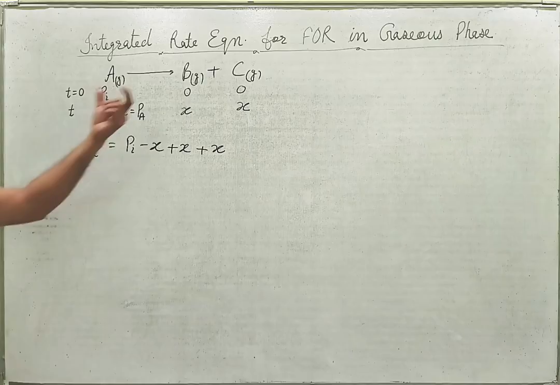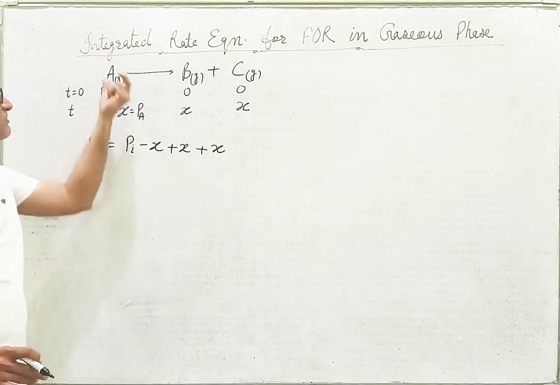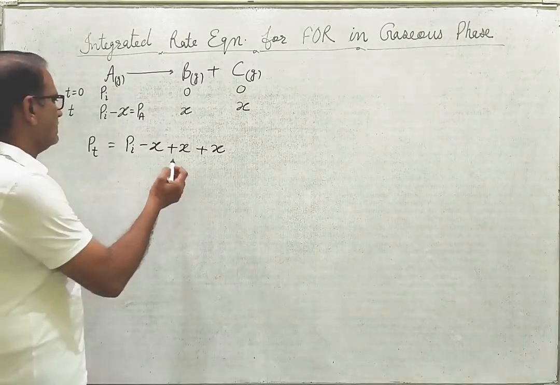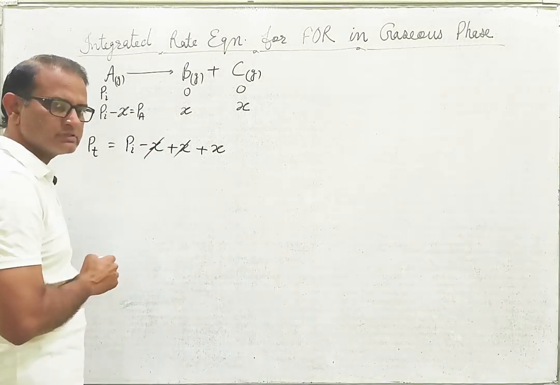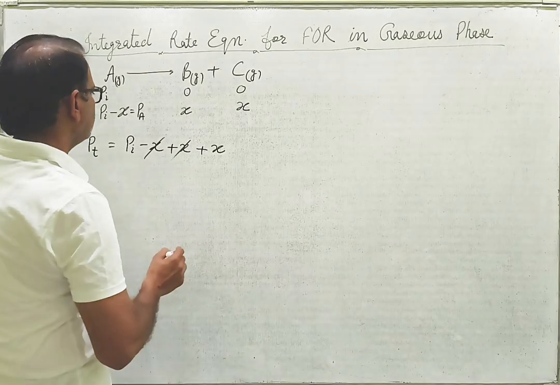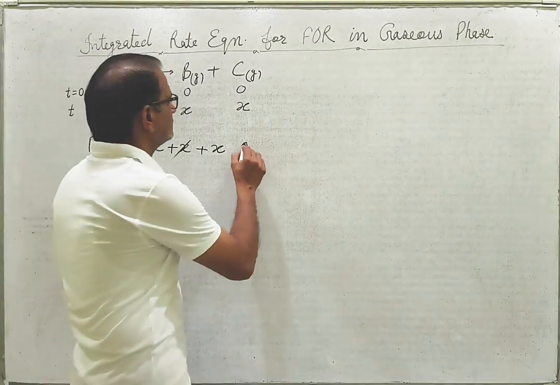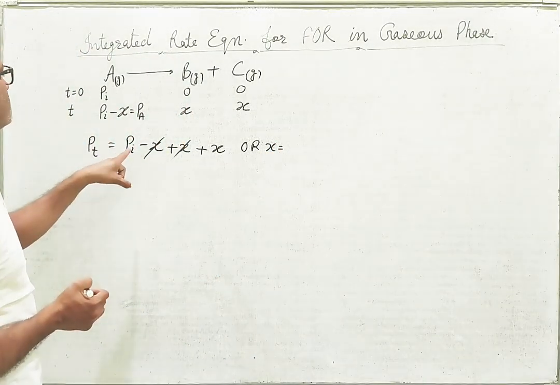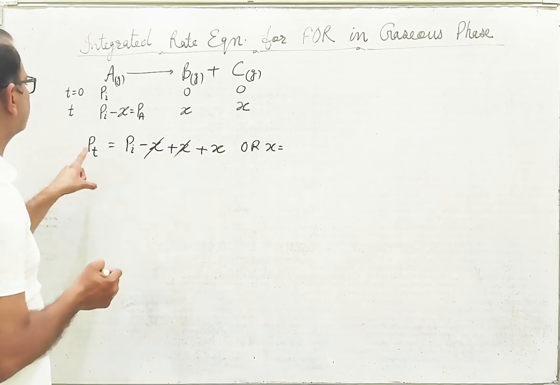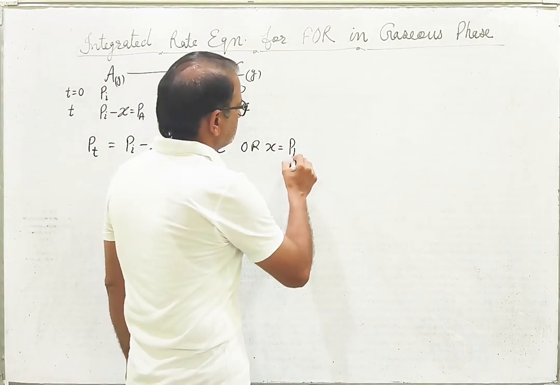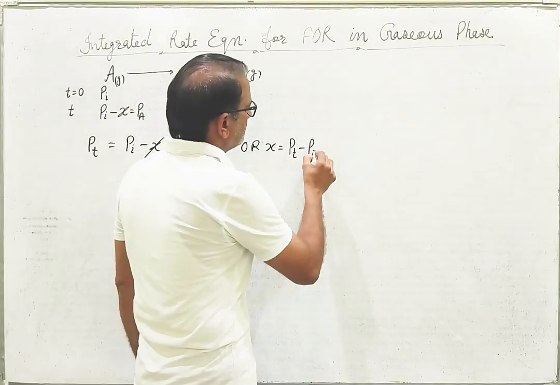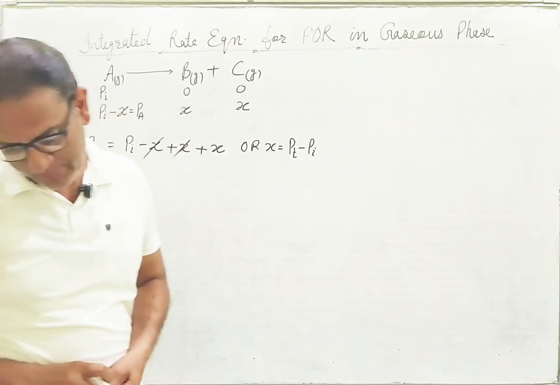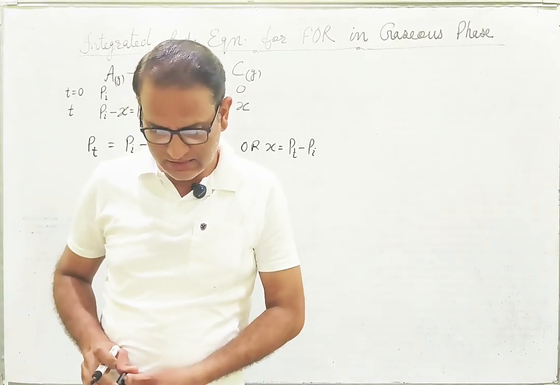So the X will cancel out, and the value of X we get: Pt equals Pi plus X, so X is equal to Pt minus Pi. This is the value of X at time t.